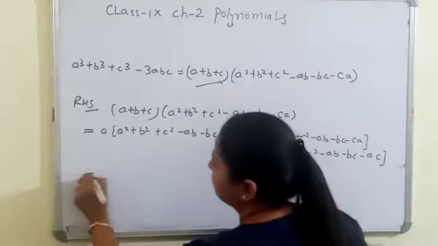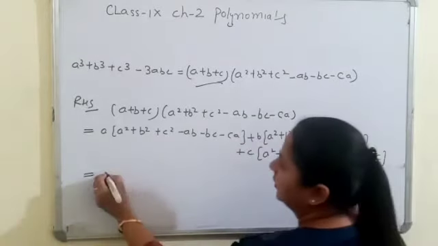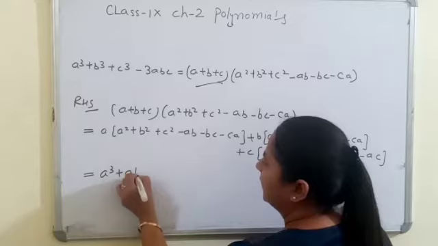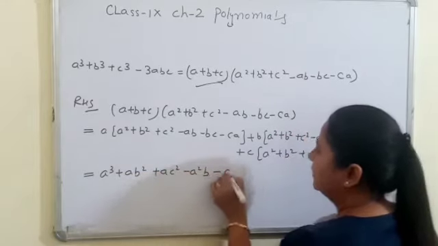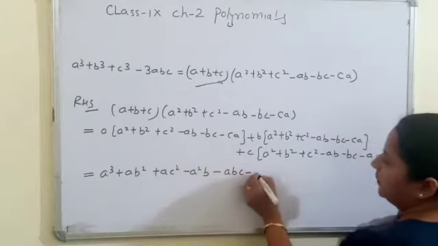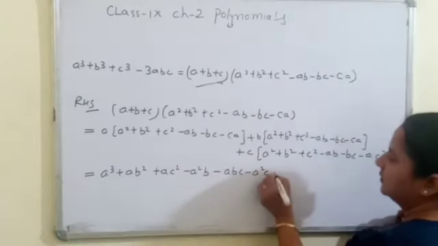Now do the multiplication. a cube plus ab square plus ac square minus a square b minus abc minus a square c.